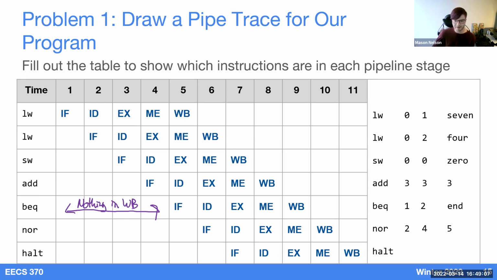So we're not going to worry about them, but it might sometimes throw off your CPI calculations if you ever need to do that. But after that, we will see that we will commit or write back 1 instruction every cycle, starting in cycle 5.